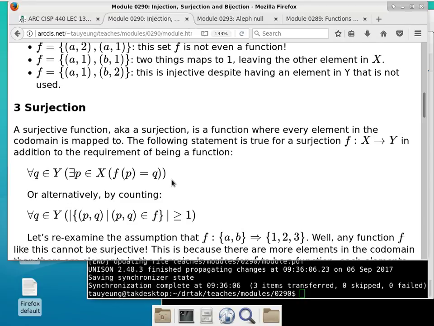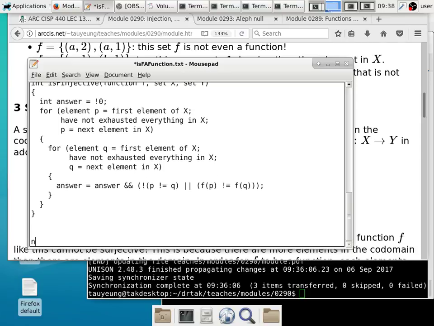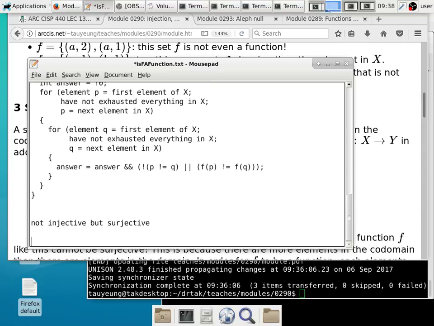Is it possible to be surjective without being injective? Yes. Easy example. That's a good question. We'll take a look at a particular example: not injective, but surjective. So we say f is mapping from {A, B} to {1}.